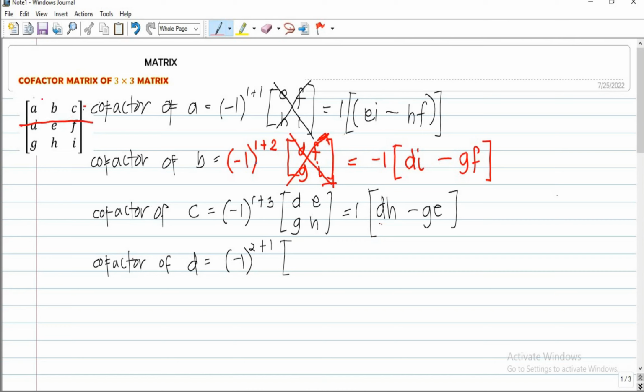So, ito yung pivot ko. Yung mga elements na hindi covered, we have here B, C, and H, I. So, that is equal now to negative 1 raised to 3 is negative 1 multiplied by BI minus HC.